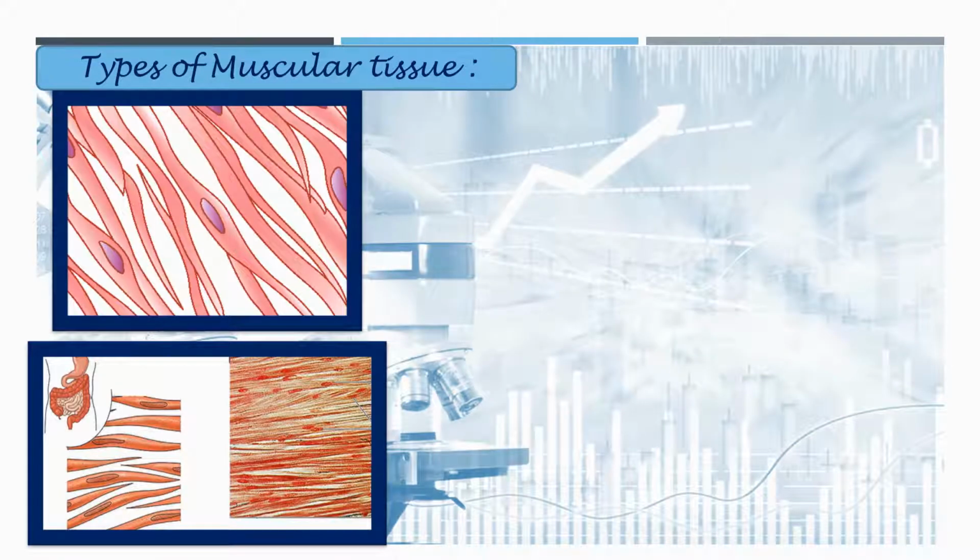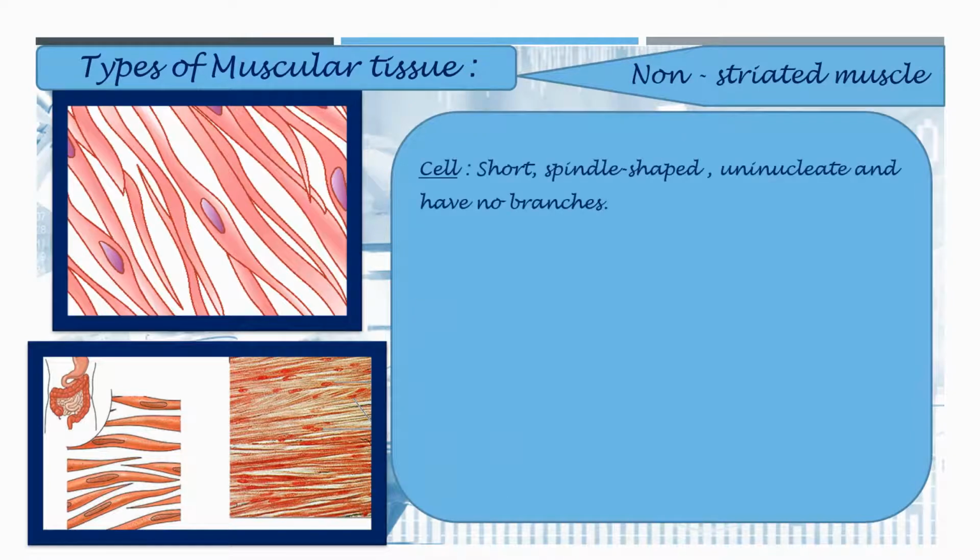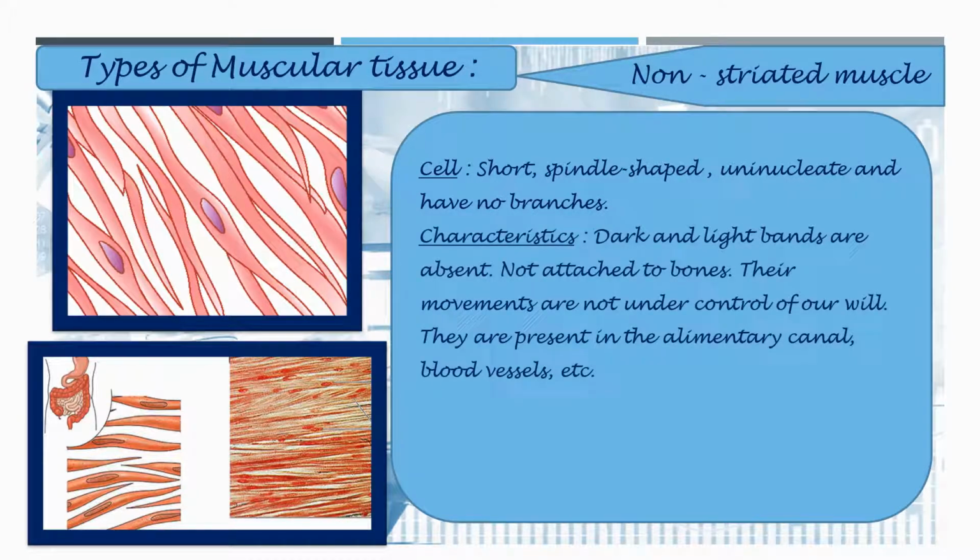Now the second type of muscular tissue is non-striated muscle. A non-striated muscle cell is short, spindle-shaped, uninucleate and has no branches. The characteristic of non-striated muscle is that dark and light bands are absent, they are not attached to bones, and their movements are not under the control of our will.